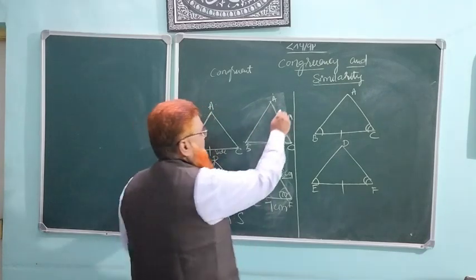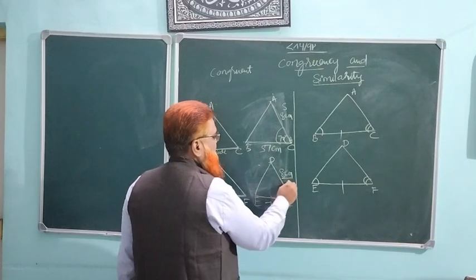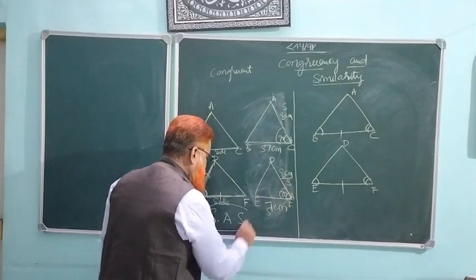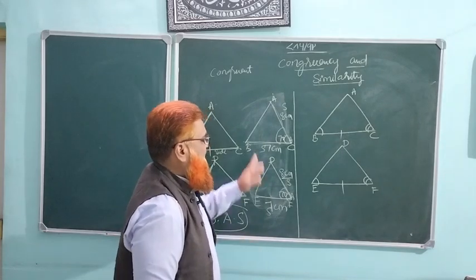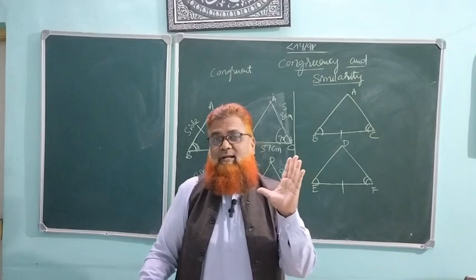So for the first triangle, this is side, this is angle, this is side. Here also it follows the postulate SAS. Then I can say that both the triangles are congruent.